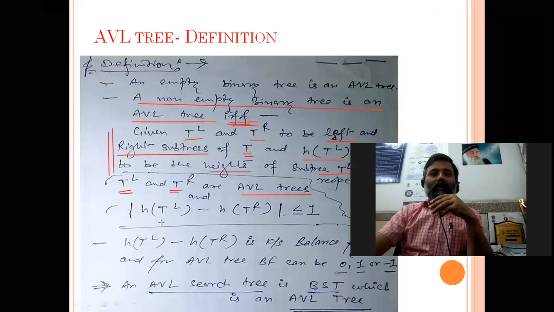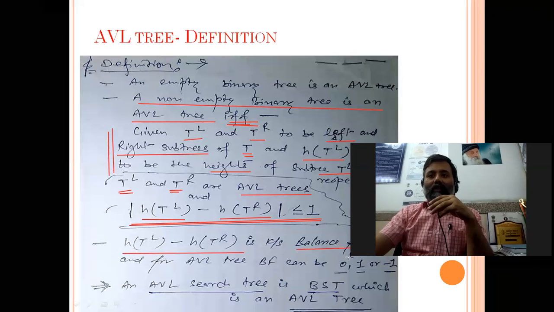And the most important point is this one: mod of HTL minus HTR is less than or equal to 1. This term HTL minus HTR is known as the balance factor. So in an AVL tree, the most important thing is this balance factor.